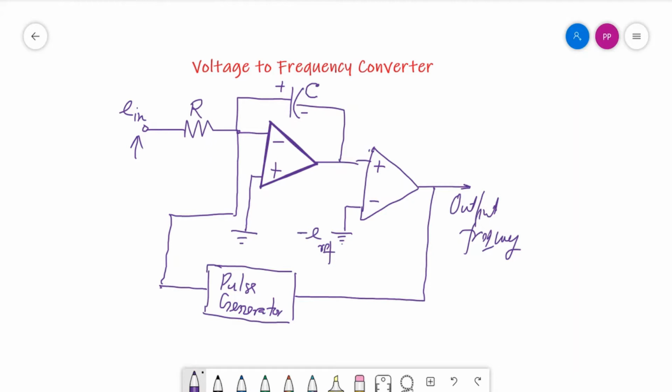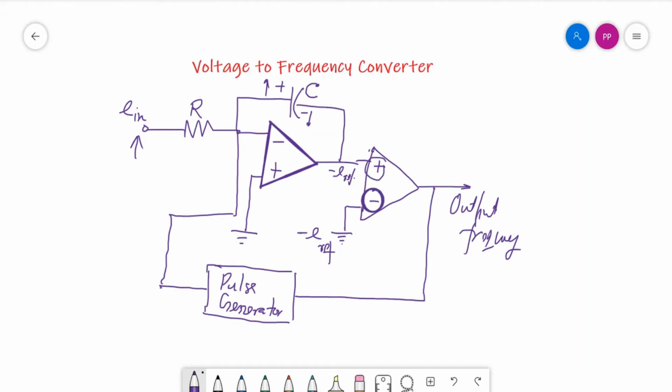As the positive charge keeps on growing, the negative charge also keeps on growing, but with the opposite polarity. Once this crosses the minus Eref point, we can see that there will be a change of sign of the output when it crosses 0, because once both inputs are the same, the output becomes 0.